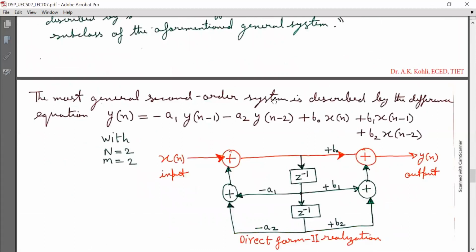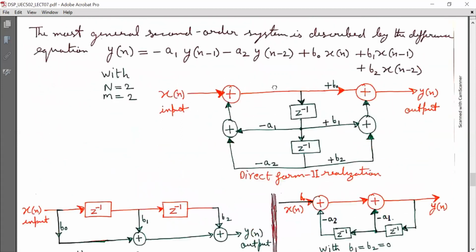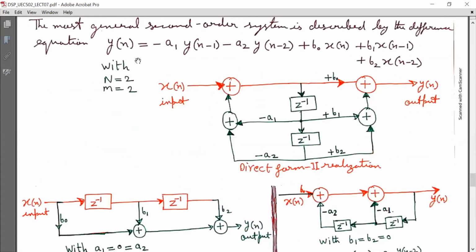The most general second order system is described by the difference equation yn is equal to minus a1 yn minus 1 minus a2 yn minus 2 plus b naught xn plus b1 xn minus 1 plus b2 xn minus 2, for capital N is equal to 2, capital M is equal to 2. This is very simple to show.